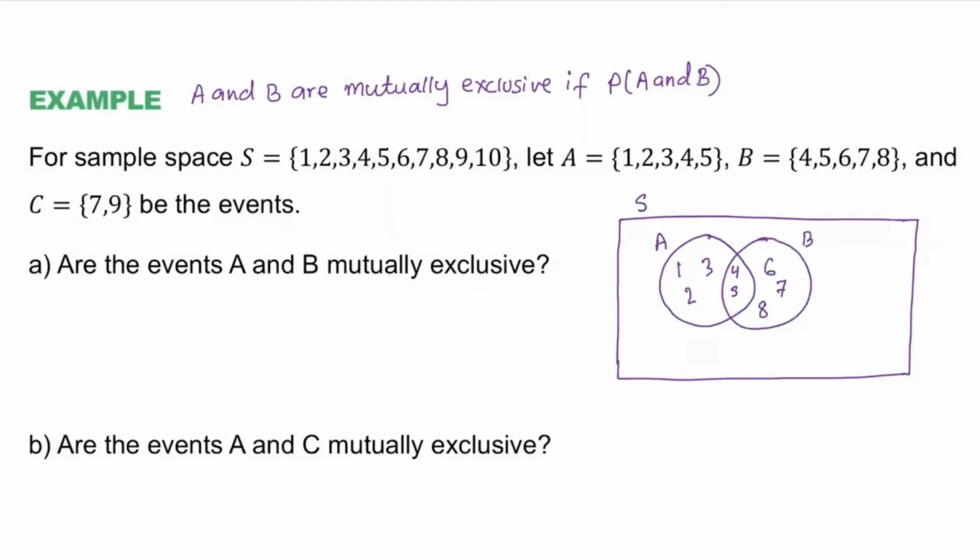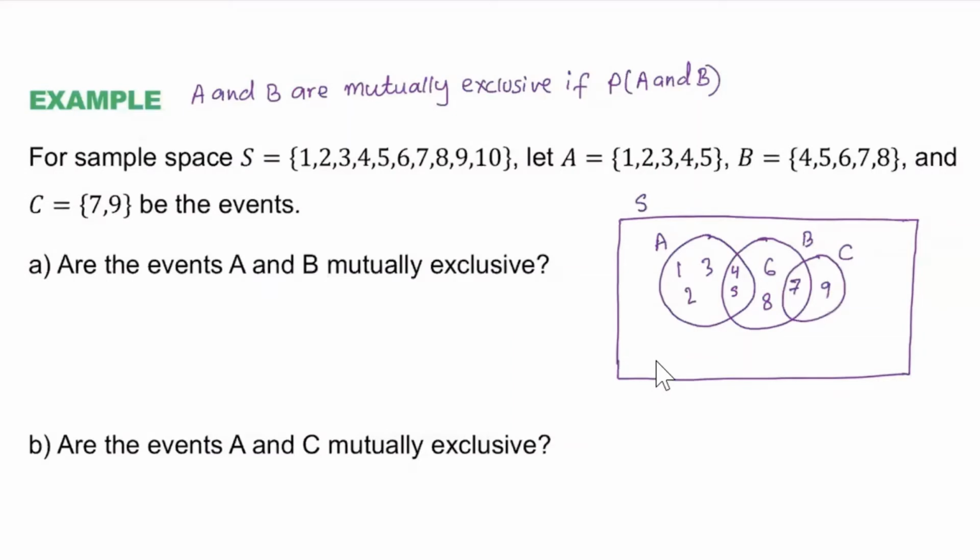That's A and B. Now, there is another event C. C has 7 and 9. You don't have 7 here, but you have a 7 there. So 7, which is here, is also there in C. So if I draw C like this, C shares 7 with B. Then it has 7 and 9.